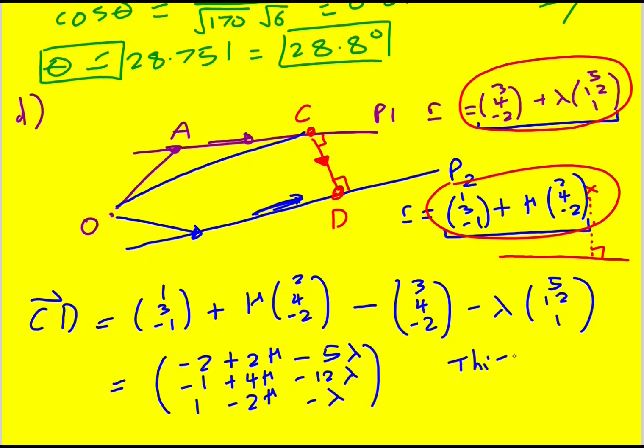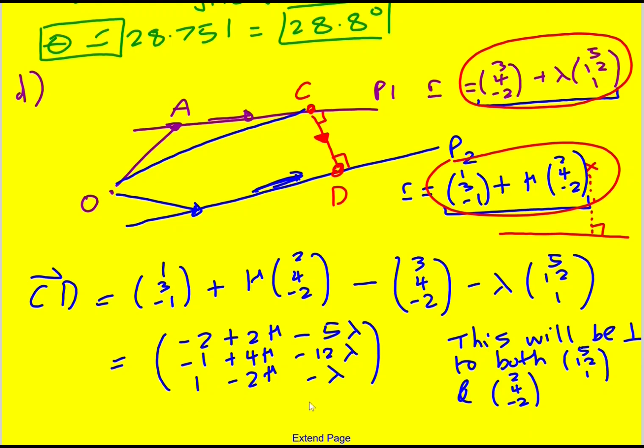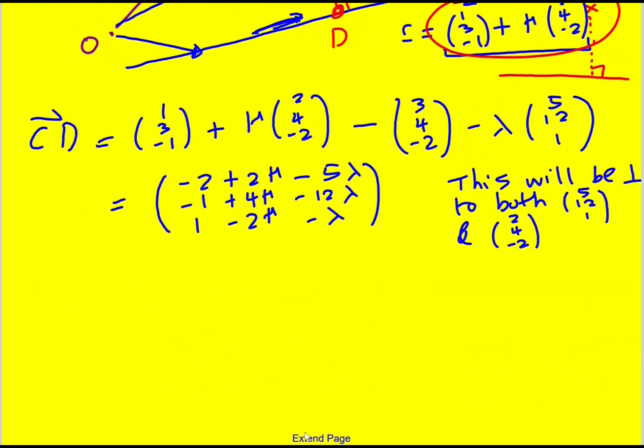And this vector will be perpendicular to both (5, 12, 1), the direction vector of the first pipe, and (2, 4, -2), the direction vector of the second pipe. So let's dot product them.